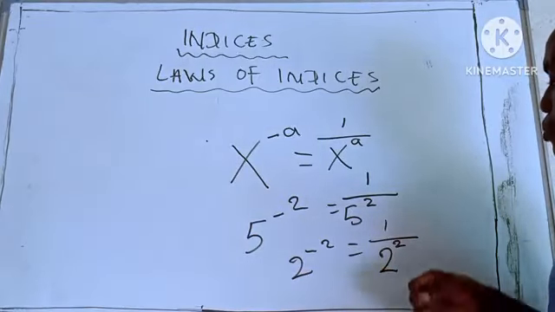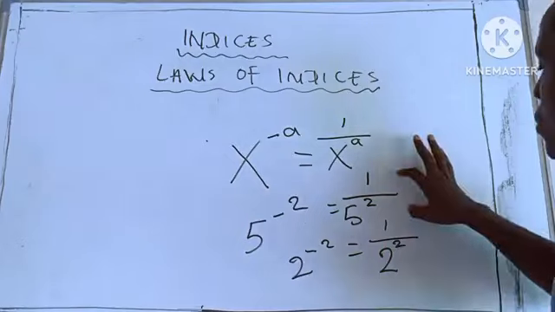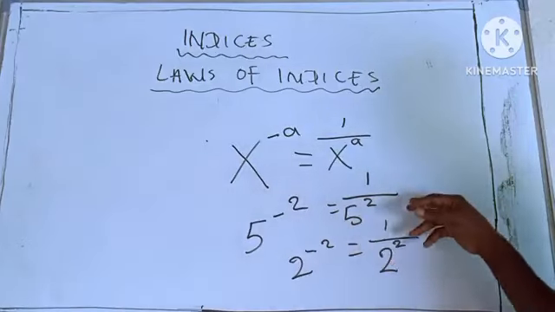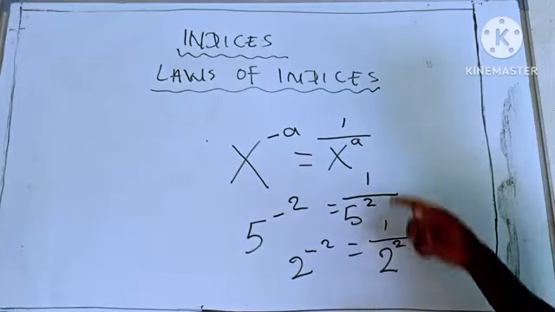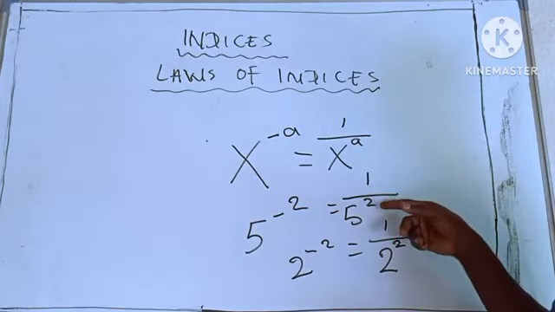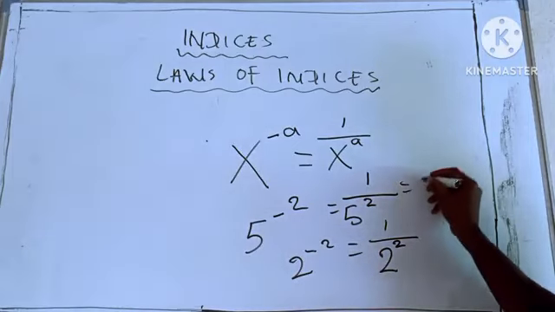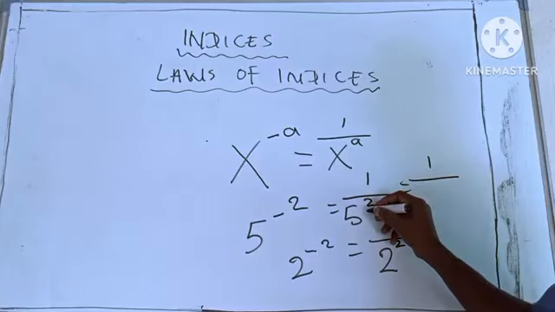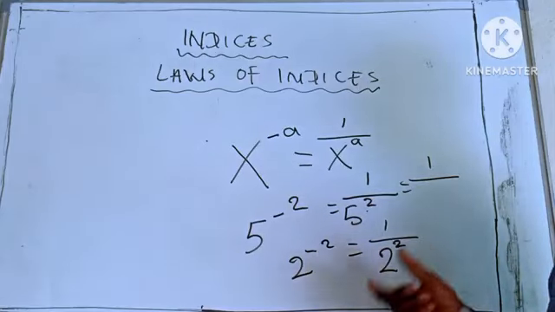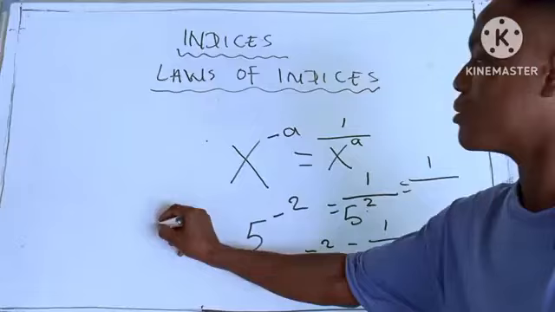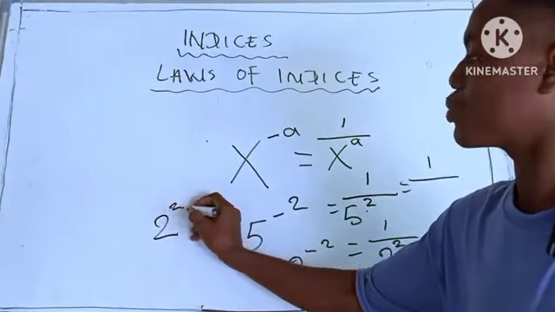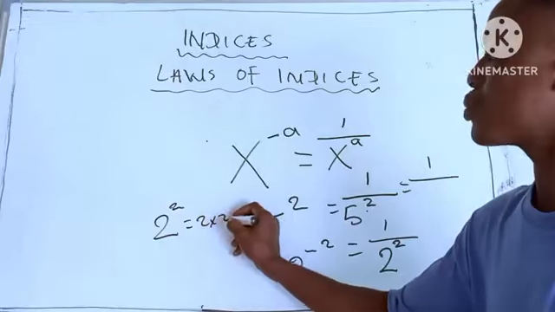Now, most of the answers might be in this form, but you can still change it. 1 all over 5 raised to power 2 means 5 square, isn't it? So it will be 1 all over 5 square, which means 5 times 5. When you have 2 raised to power 2, it means 2 times 2.